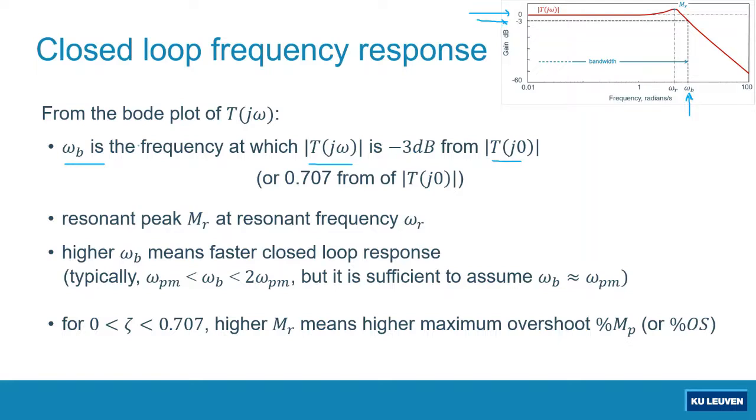The bandwidth frequency omega b will tell us how fast the system will respond to an input.